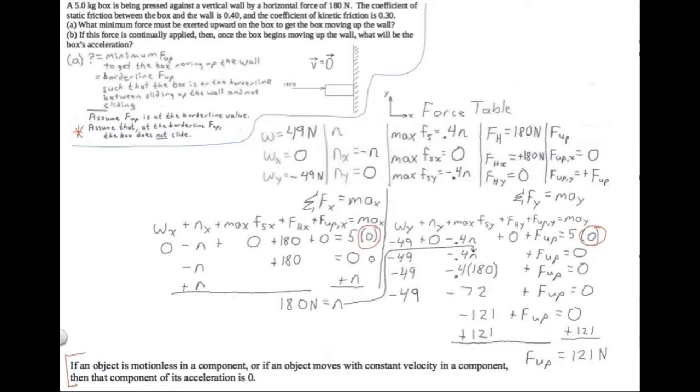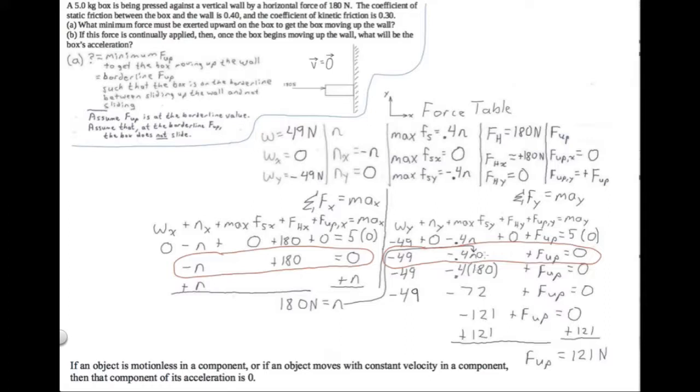So we can substitute 0 for both a sub x and a sub y for part A. This is the reason that it was convenient to assume that the box does not slide for part A. It's convenient because that allows us to substitute 0 not only for a sub x, but also for a sub y.